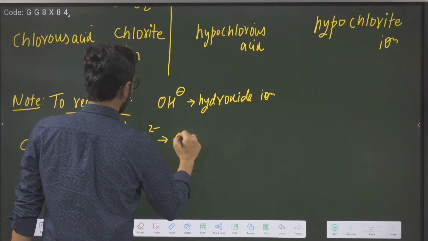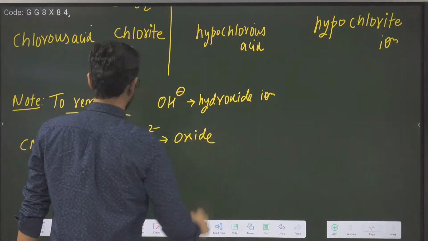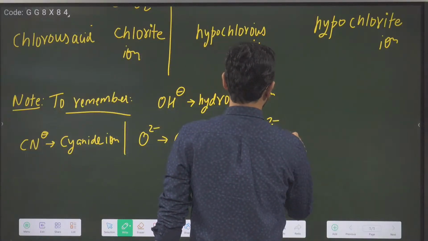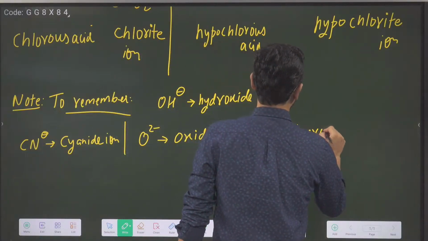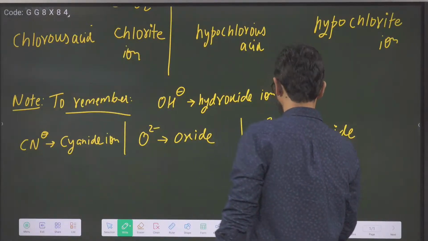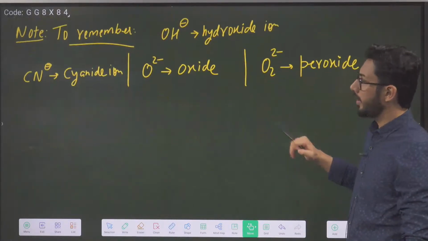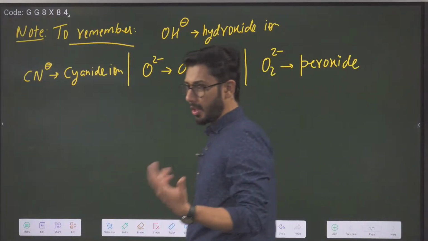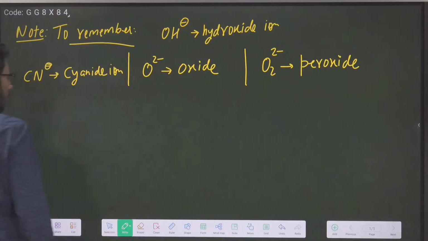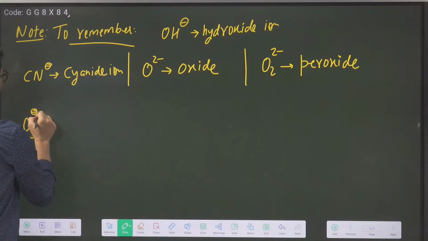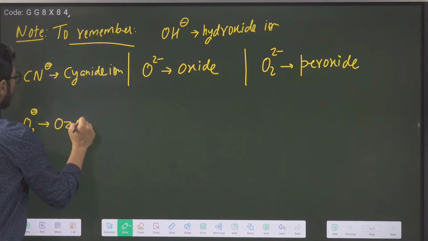O2 minus is oxide ion. O2 2 minus, peroxide. These ions we directly use in the formulae. That's why to remember them, generally you already know these things. But here in sequence I am writing O2 2 minus, then O3 minus is ozonide.